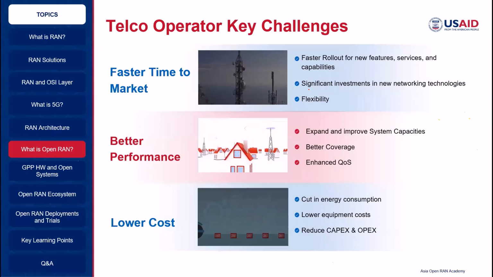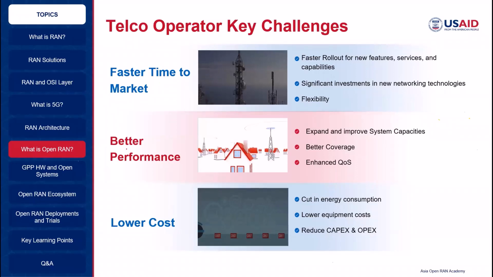And in terms of flexibility, you are looking at, for example, can I use my existing equipment? Can I use my existing baseband unit? Or can I use my existing RRU to implement that new technology? Sometimes it's not. Like when we implement the 5G, you need to buy new RRU, new baseband unit, to support the 5G deployment. So that is one of the operator challenges.